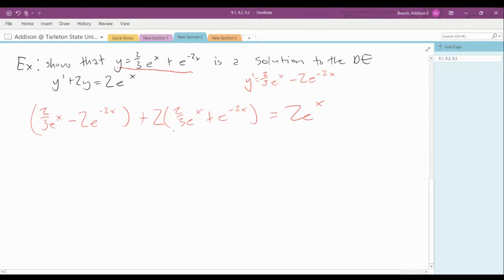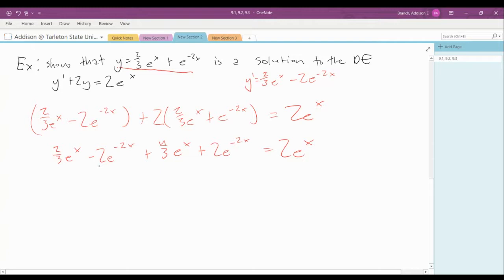So we have 2/3 e to the x minus 2e to the negative 2x plus 4/3 e to the x plus 2e to the negative 2x equals 2e to the x. Let's see if there's anything we can simplify.